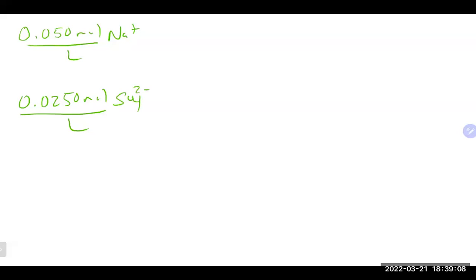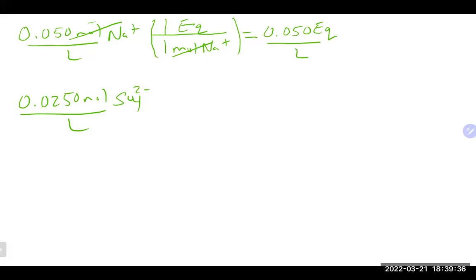Using our equivalence relationship for sodium, we saw that for 1 mole of sodium, we get 1 equivalent, which means the moles would cancel and we would be left with equivalents on top and liters on the bottom. That would be 0.05 equivalents per liter for sodium. Question on that there?